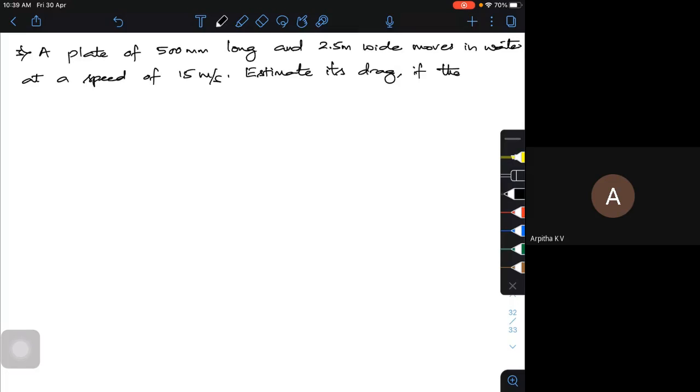if the transition takes place at the Reynolds number of 5 into 10 to the power of 5.